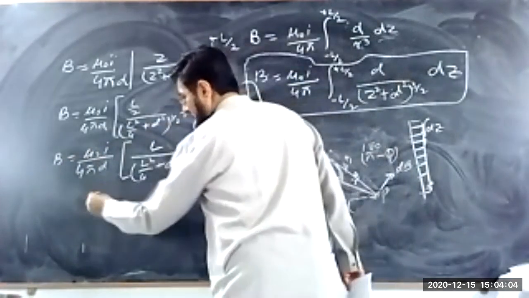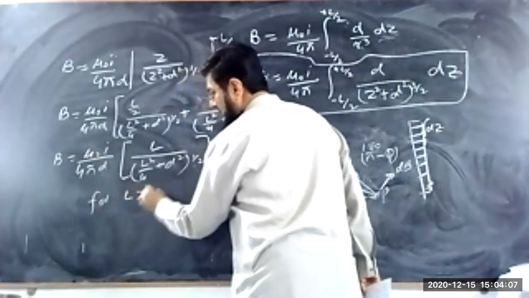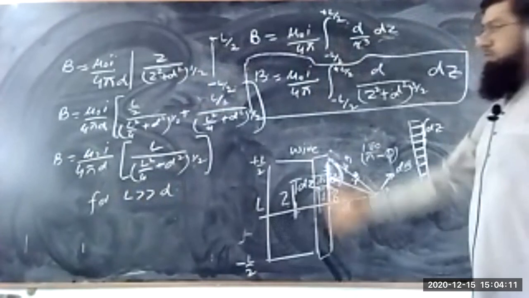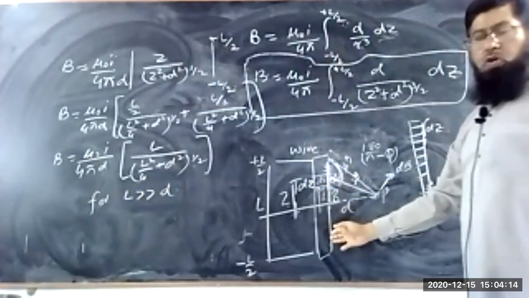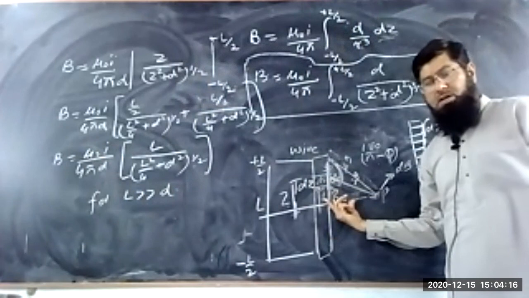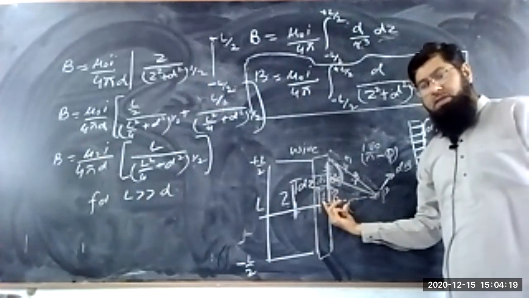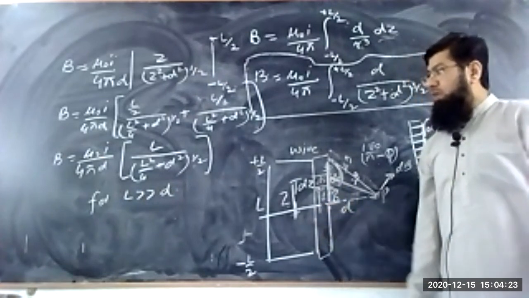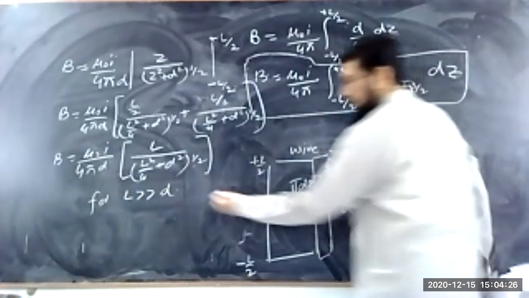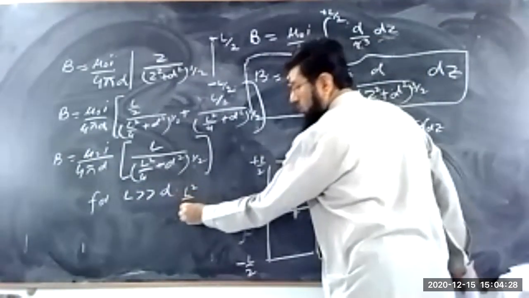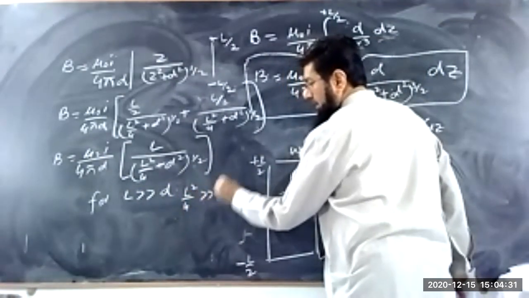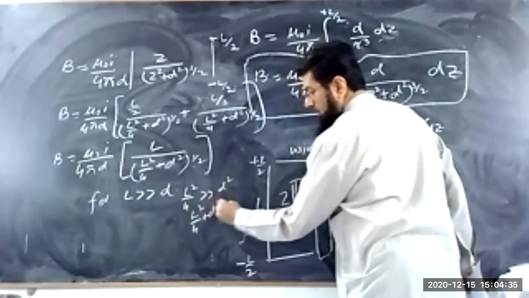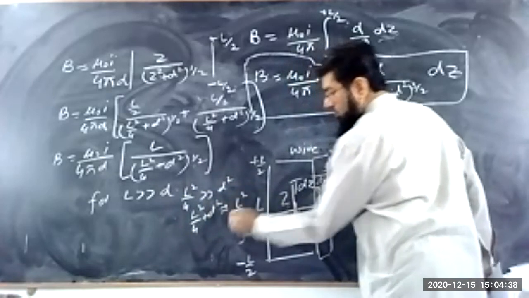Now consider the case where L is much greater than d, meaning the wire is very long and the distance is very small. In this case L square upon 4 is much greater than d square, so L square upon 4 plus d square is approximately equal to L square upon 4.